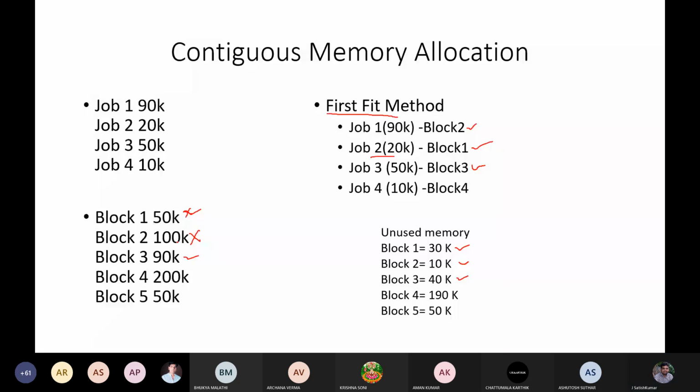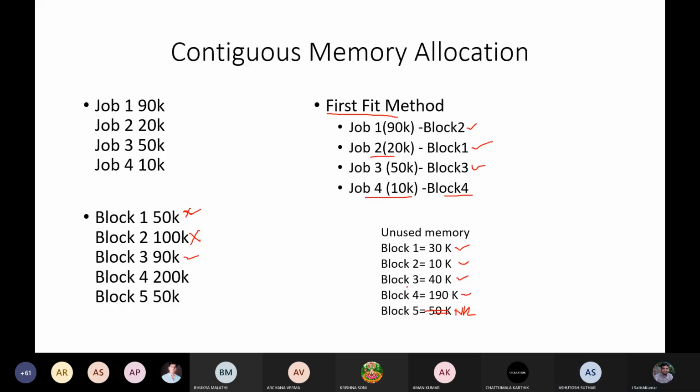It can come in block 4, which is sufficiently large, so job 4 will go in block 4. The unused space is 190K. The last block is not used yet. Okay, you understood how the first fit method works?